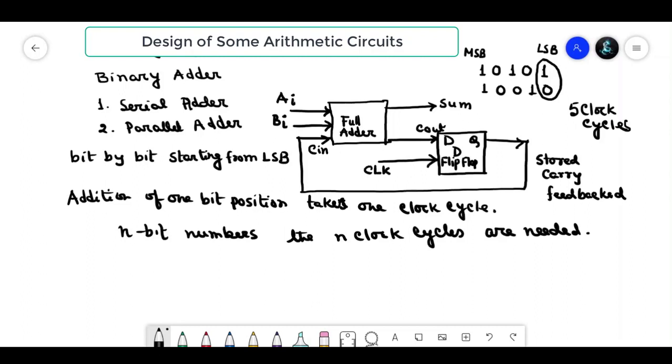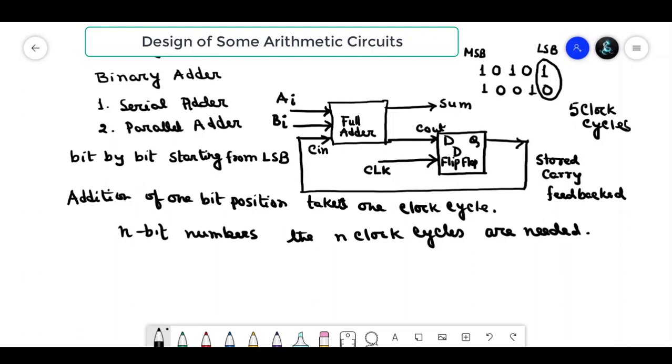Here the D flip-flop has a clock. Why is there a clock? At the first clock cycle, we add the LSB. Similarly, when the next clock cycle is applied, the next addition is performed. Thus it gets the Cout and gives the resultant output, and the carry bit will be stored and become the carry in of the full adder again.